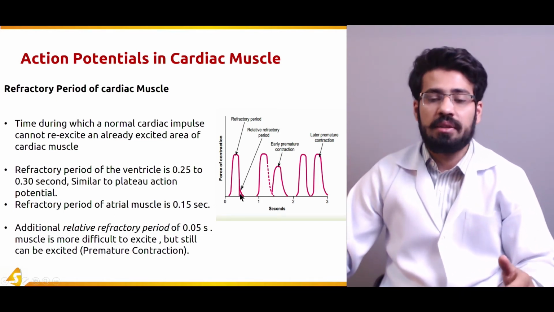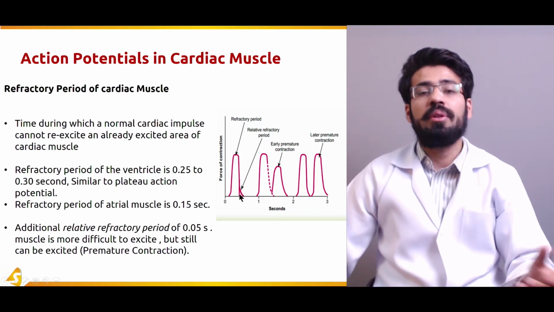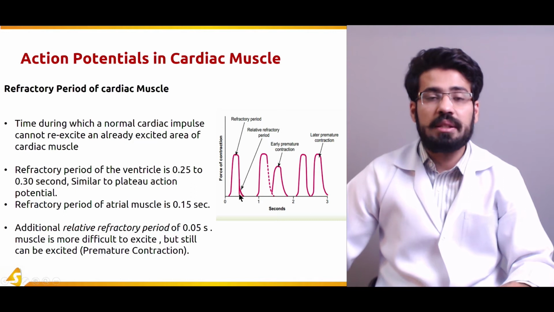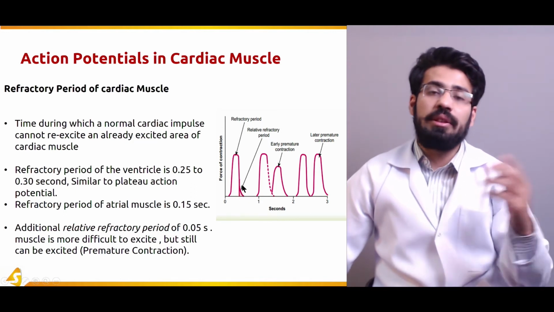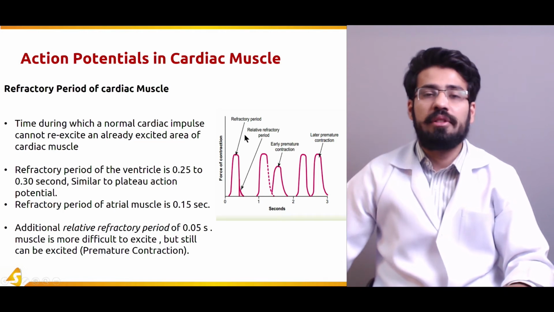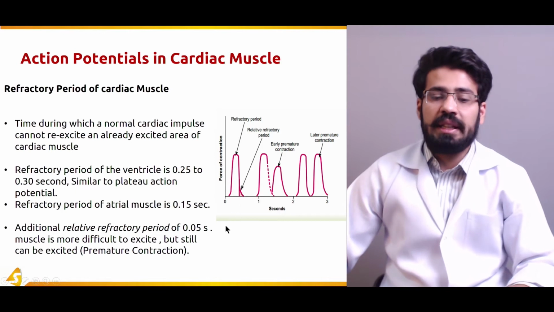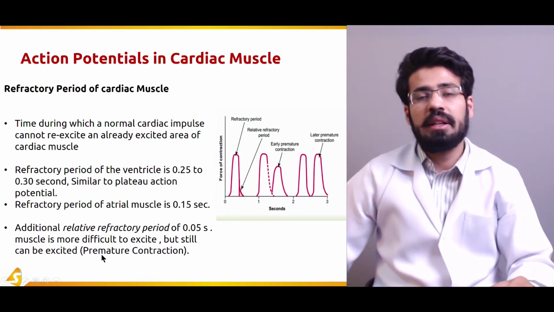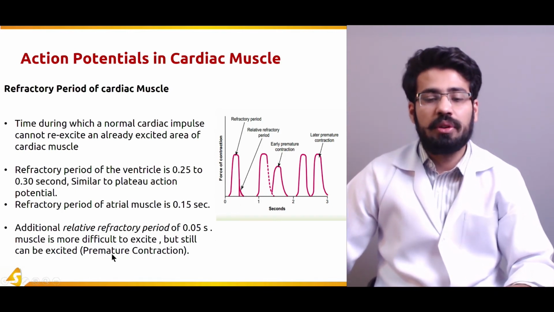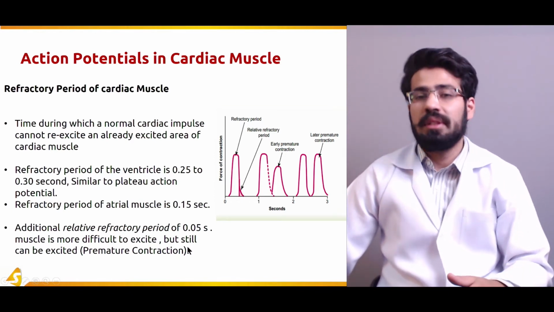For example, in case of fight or flight, when the heart is pumping very fast, we are going to discuss the Frank-Starling mechanism. In those particular scenarios, we can show that the relative refractory period can be accessed to contract the muscles. This can be considered a premature contraction, because the refractory period is not over, but the contraction is still occurring.